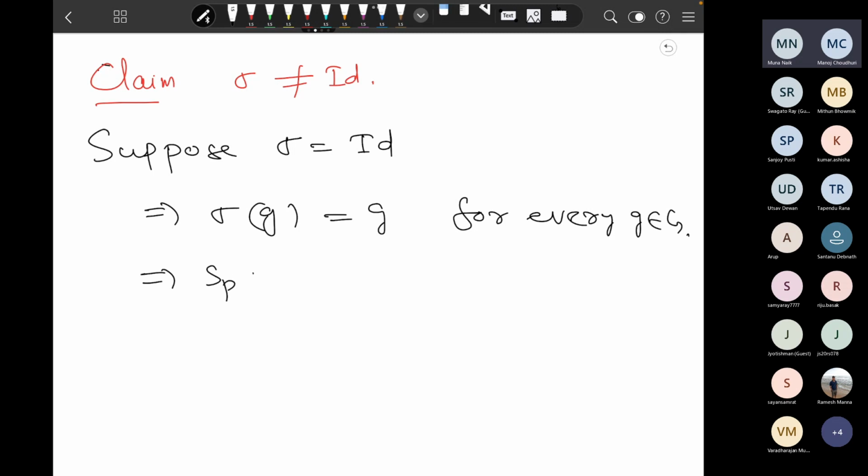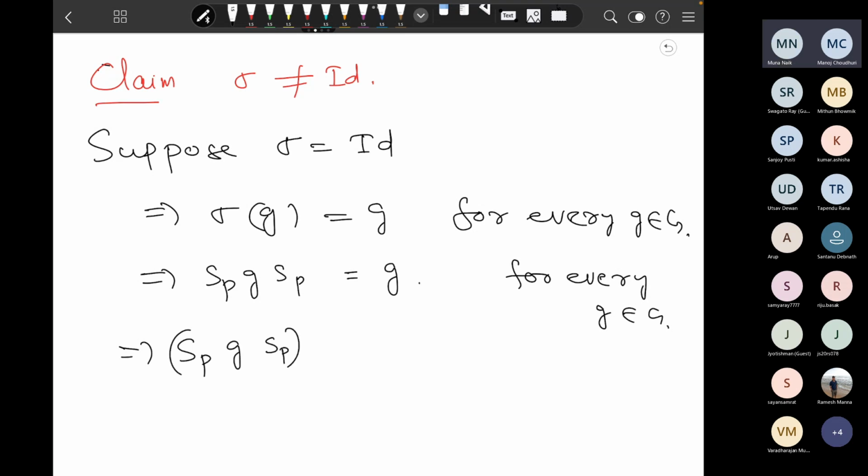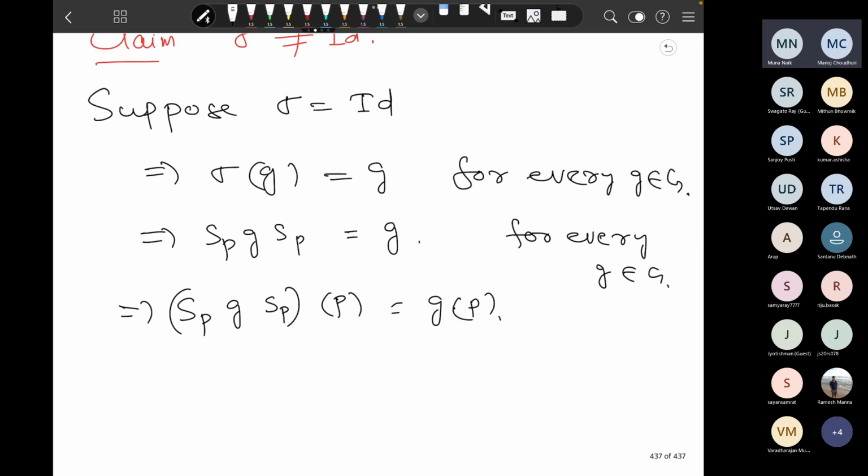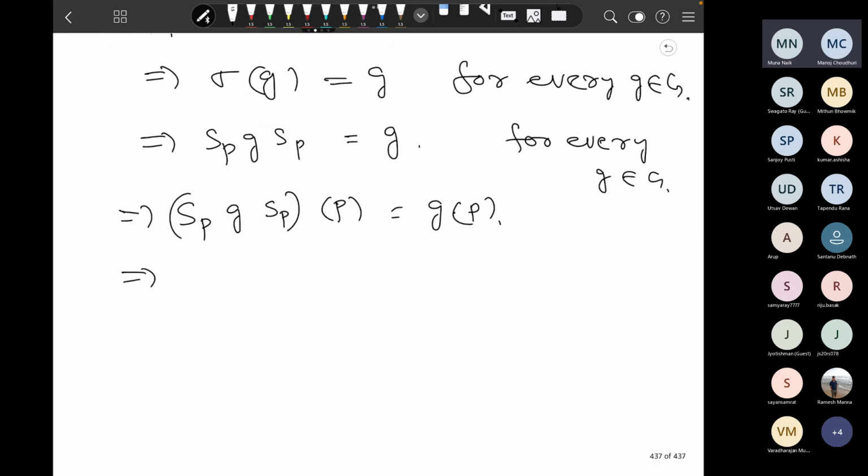That means s_p g s_p is equal to g for every g belonging to G. That means if you act this on p, since s_p p is equal to p, you can write it in terms of the group as s_p g dot p is equal to g dot p.